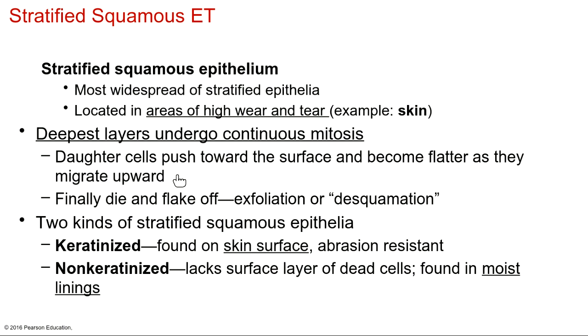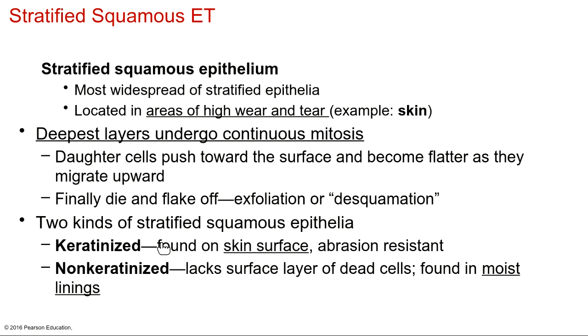We'll go more into this when we talk about the skin: this process known as keratinization, which involves an exfoliation of the epithelial tissue. So don't worry about this yet. We'll deal with that in the skin chapter.